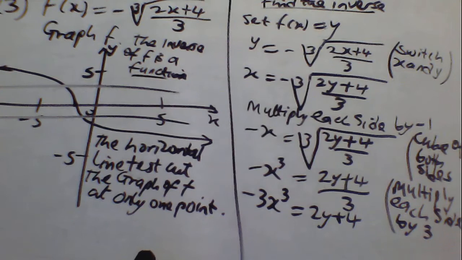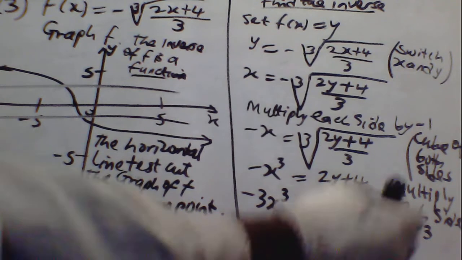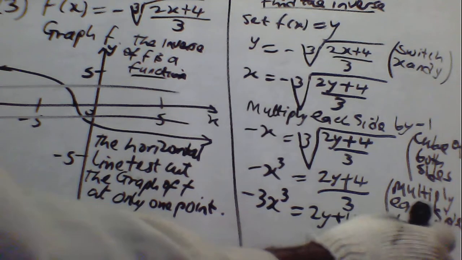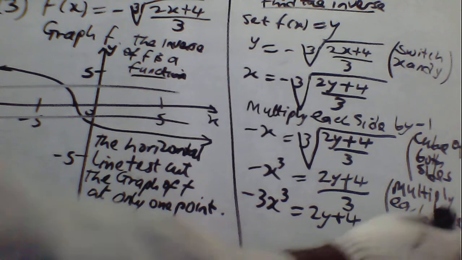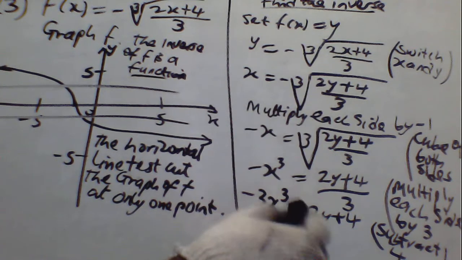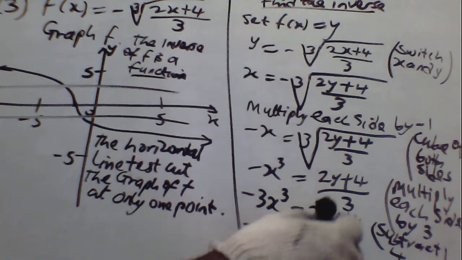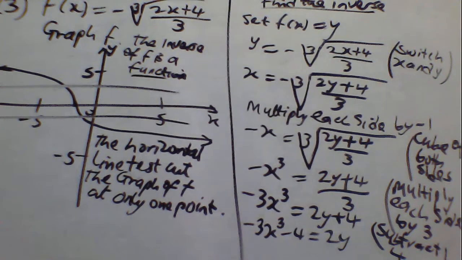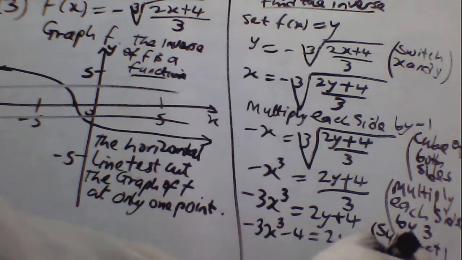Then subtract 4 from each side. This gives us minus 3x raised to power 3 minus 4 equals 2y. The next is to divide each side by 2.